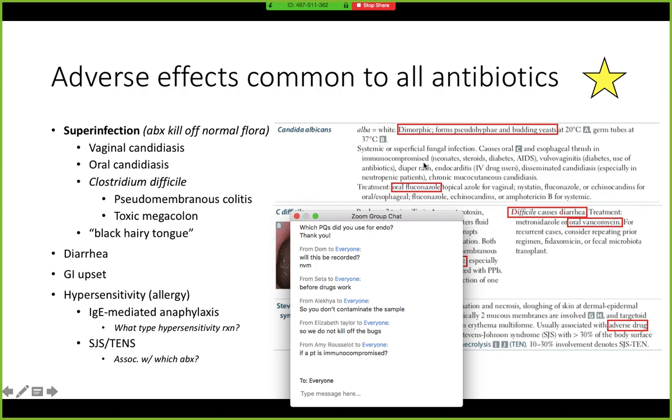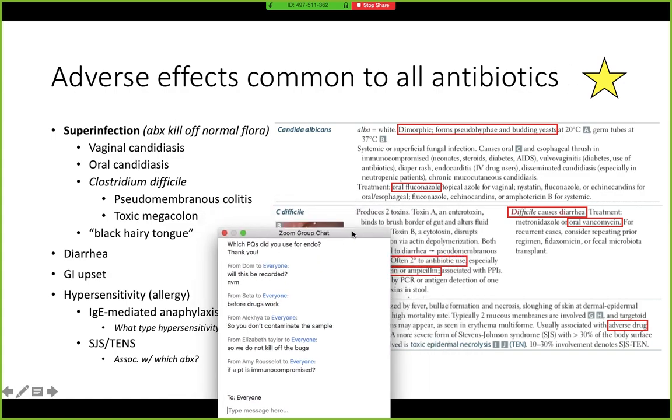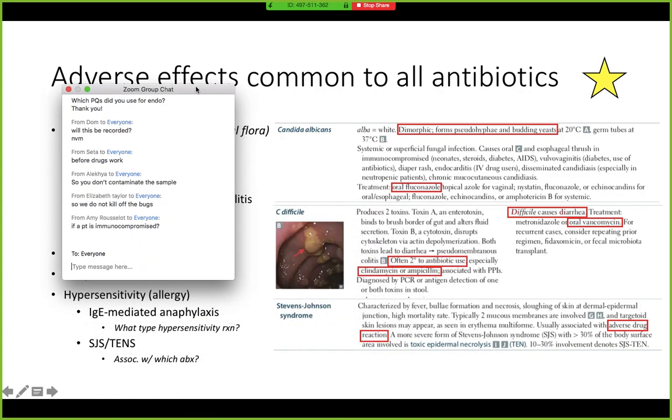When we talk about a superinfection, that's referring to the fact that the antibiotics kill off the normal flora, and then the bacteria that are present, but maybe not in a harmful number, will just dramatically take over. Two common examples of this are vaginal and oral candidiasis, and then also C. diff.